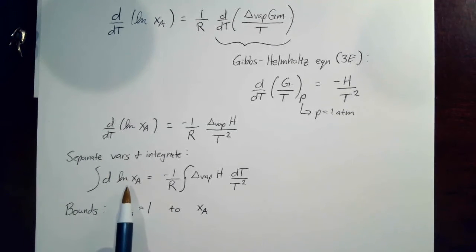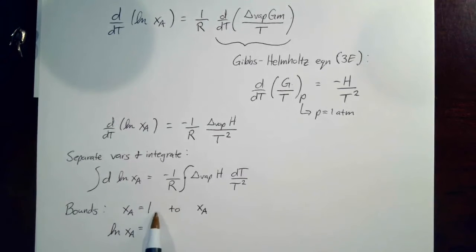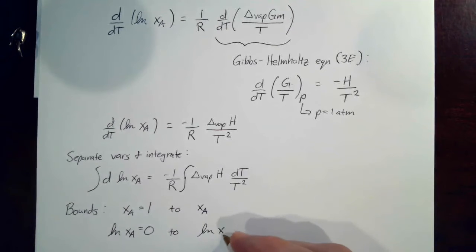Now we have the ln of XA over here, so when we do the bounds, we need to make sure we're talking about ln of XA, not just XA. So the ln of XA here, if I take the natural log of both sides, I get 0. And then my other bound is going to be XA. This is the lower bound because it's the smaller number, and this is the upper bound. Okay, so that's for the left-hand side.